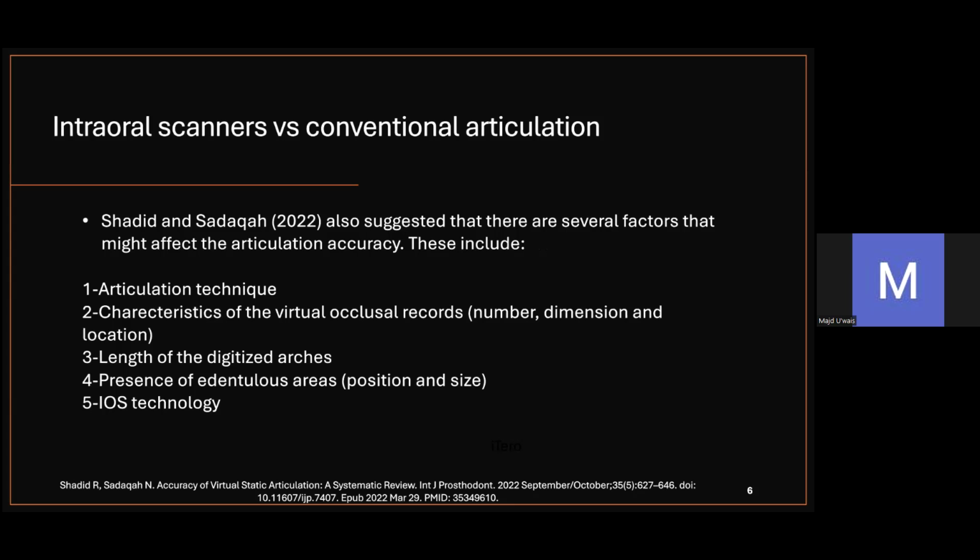These include articulation technique, characteristics of the virtual occlusal records in terms of number, dimension, and location, length of the digitized arches, presence of edentulous areas in terms of position and size, and the intraoral scanner technology used.